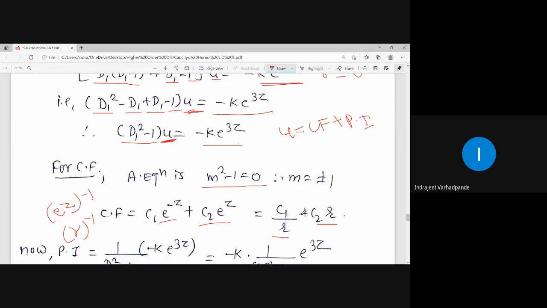So C1 by r plus C2 r. That is what the complementary function is. We have converted it into the form of r here itself. You can do it like this also: instead of converting it in the last step, after writing down the CF, you can easily convert it immediately.